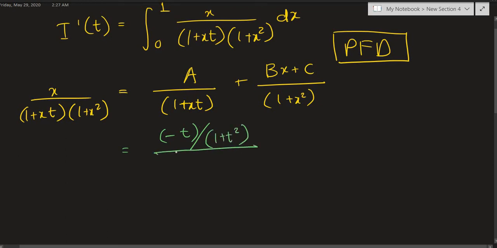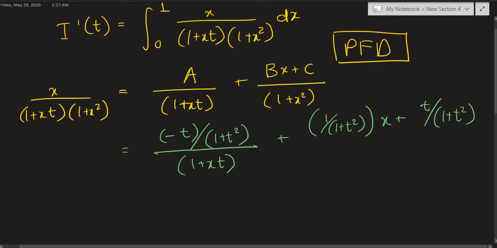I'm writing the fraction in the numerator like this, divided by 1 plus xt, plus b is just 1 over 1 plus t squared, that's multiplied with x, plus c, which is just t divided by 1 plus t squared, like that, divided by 1 plus x squared.